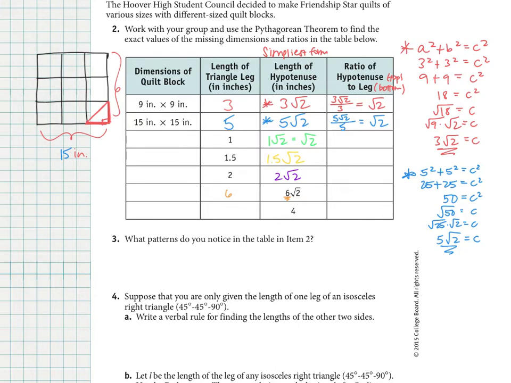Now, we could start to set this up and do the ratios, but I think every single time you're going to notice that it's going to be root 2, right? So we could actually put root 2 and it'll continue all the way down. Every single one of these, even the special one at the end, will have a ratio of root 2 when we compare the hypotenuse to the leg.